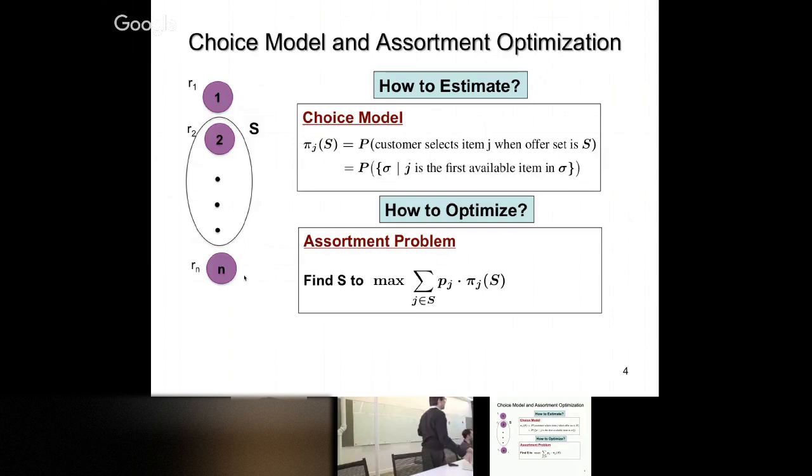Currently, for what class of models can you have efficient algorithms for computing these choice probabilities? Most models that have been considered in the literature have closed-form expressions. Multinomial logit is a very simple closed form. Mixture of multinomial logit is just a direct mixture. Last year I talked about mixture of multinomial logit.